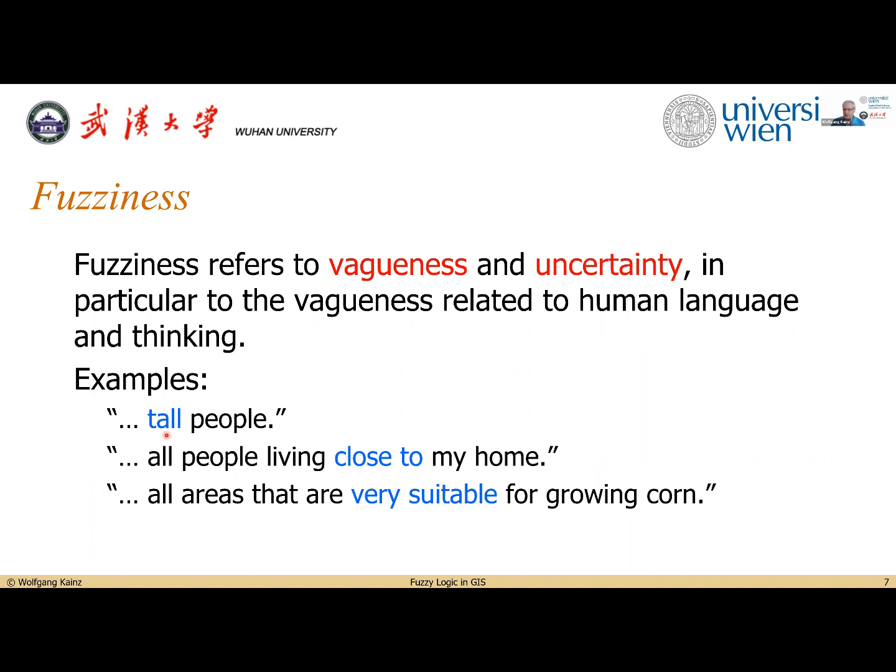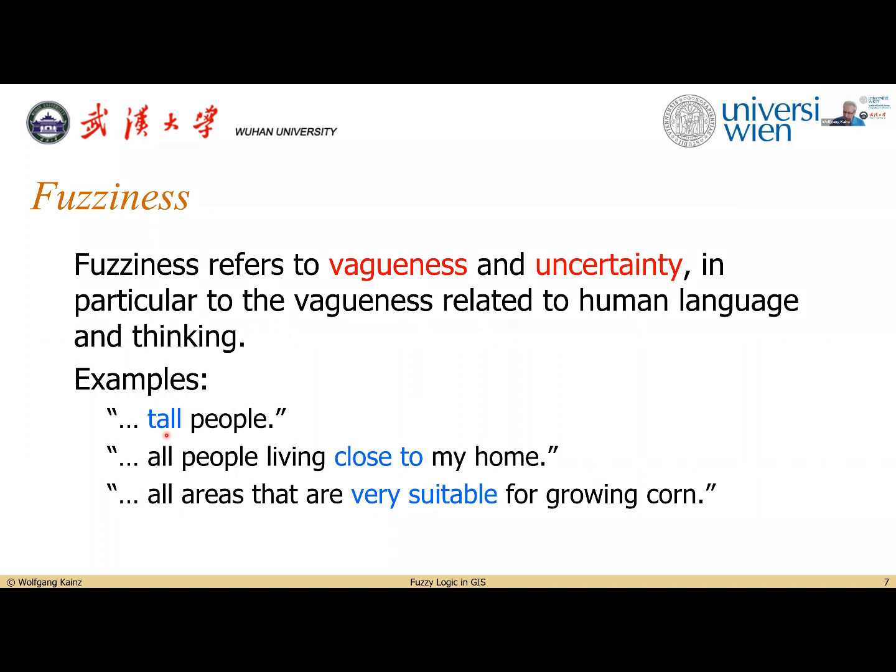If we look at fuzzy logic, we have exactly the same approach. We say some statement is not true or false, but it can have a truth value between 0 and 1, where 0 means false and 1 means absolutely true, and anything in between is a truth value that indicates the truth of that statement.